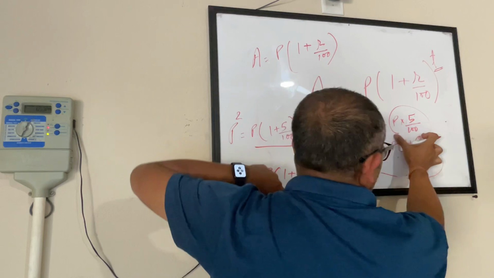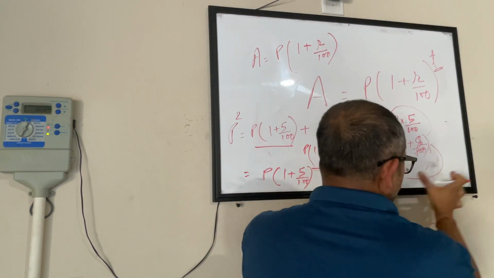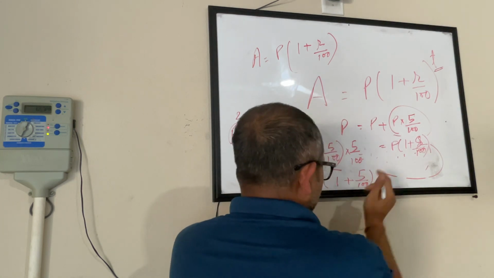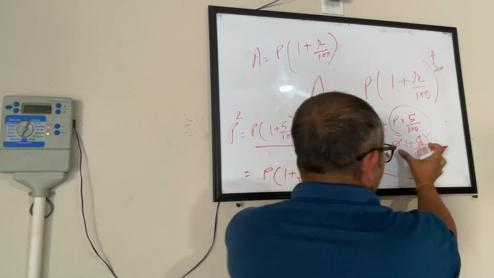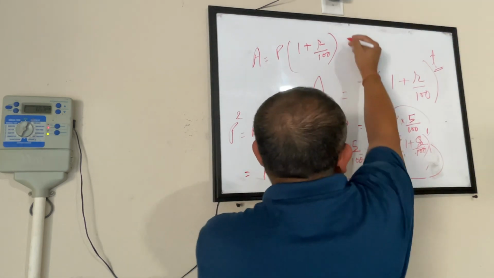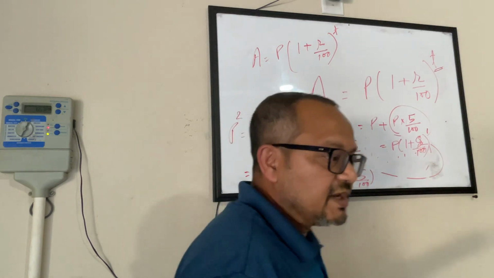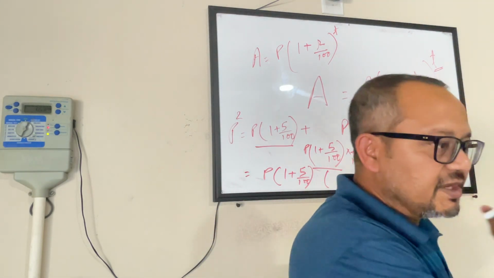One year had one of this, 2 years had 2 of this, 3 years had 3 of this. So 2 years is the square of this, 1 year is power 1, 3 years will have power 3. So n years will have power n, or if t is the number of years, it is t.